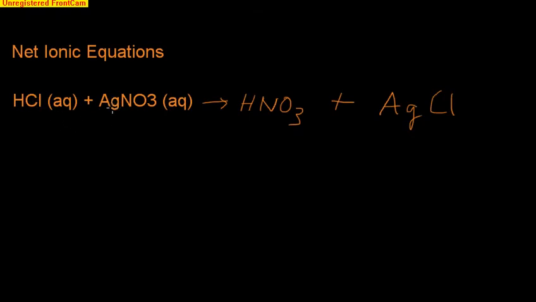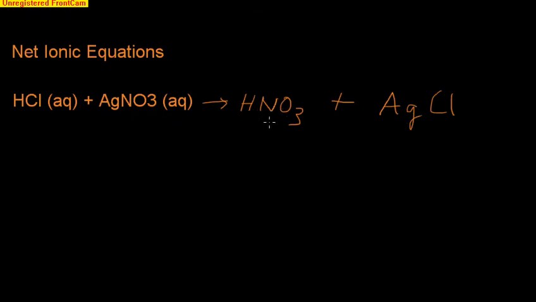We know the charge on silver is +1 because the charge on nitrate, the NO3, is -1. To cancel out the -1, silver must be a +1. And if you can remember, silver, even though it's a transition metal, always takes a +1 charge. Okay, so here are our two products.